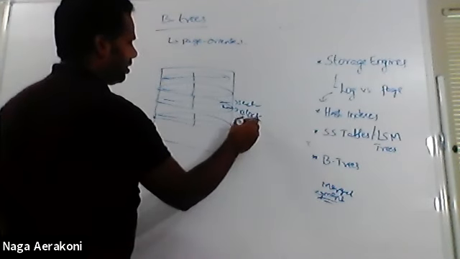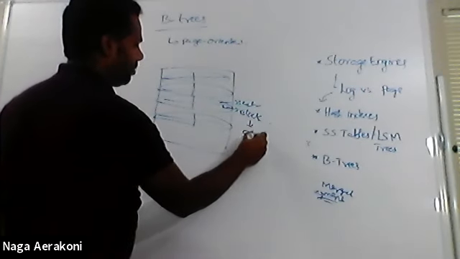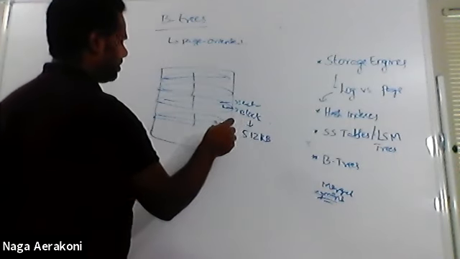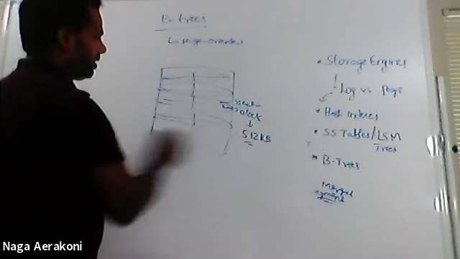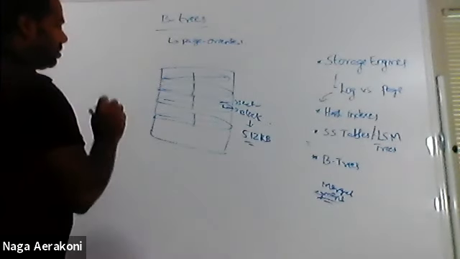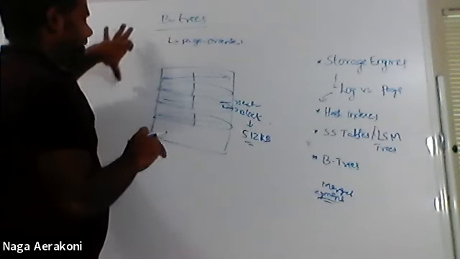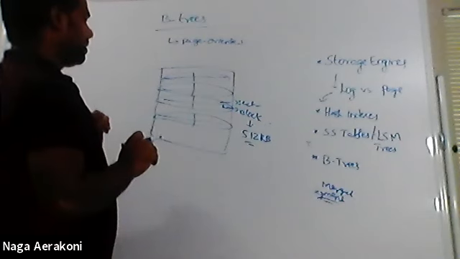So this block will normally be of 512 KB size. I think nowadays hard disks support even bigger size blocks, but this is one of the typical block sizes.